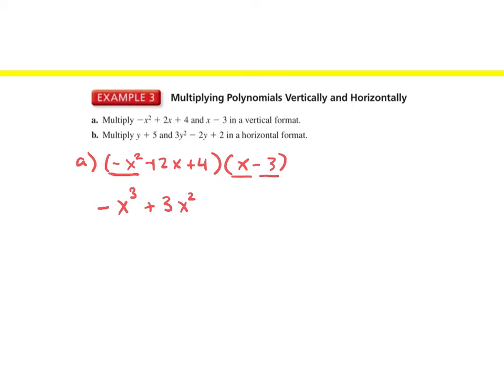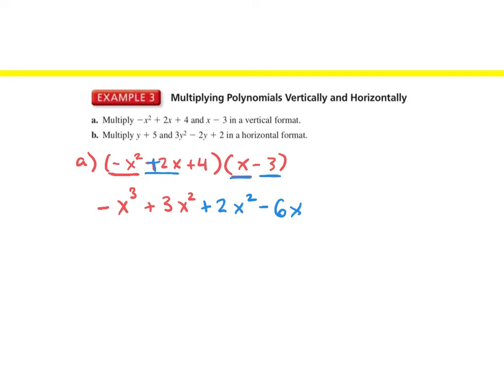Now we move on to our second term here. Oh, that's a plus. So plus 2x. Plus 2x, we have to multiply it to both things in our second polynomial. So 2x times x would be plus 2x squared. 2x times negative 3 would be minus 6x.